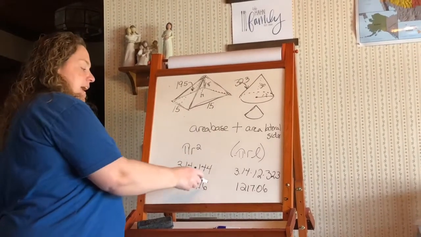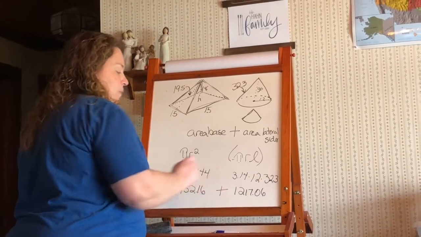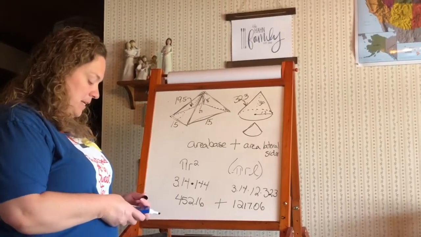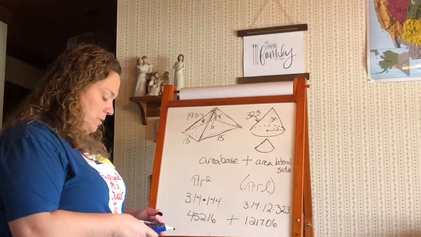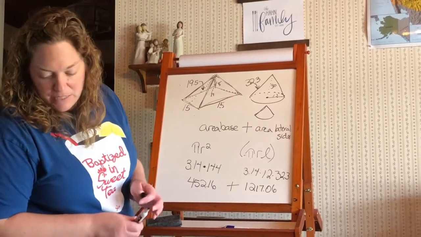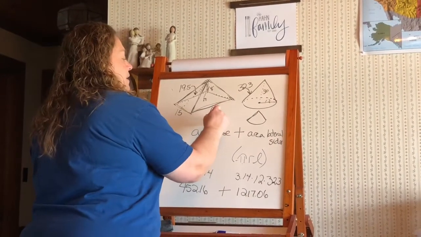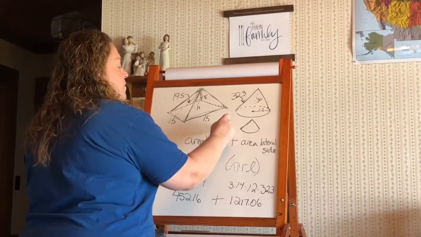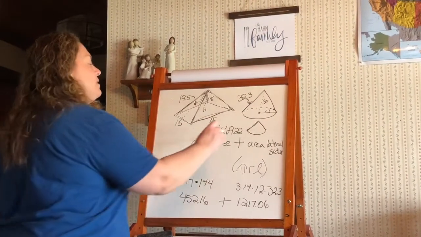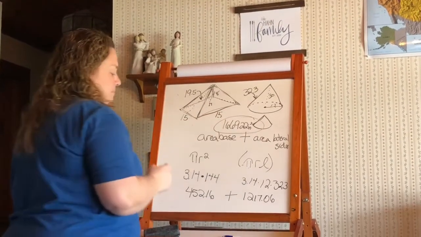Now we have the area of the base, we have the area of the lateral side, we add those together, plus 452.16, to get a grand total of 1669.22, and the unit of measure is inches, and it's squared because it's area.